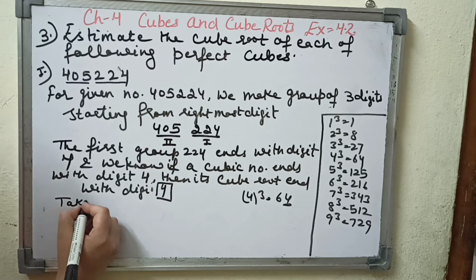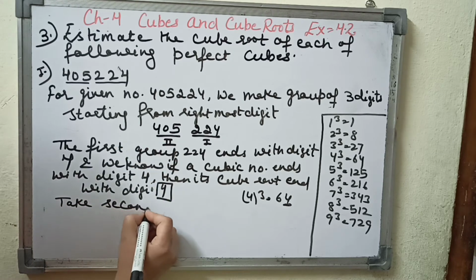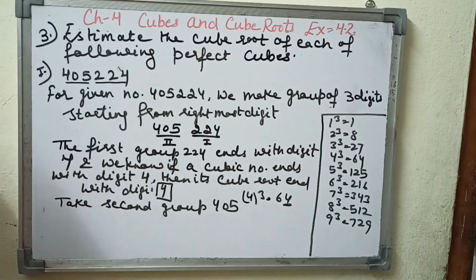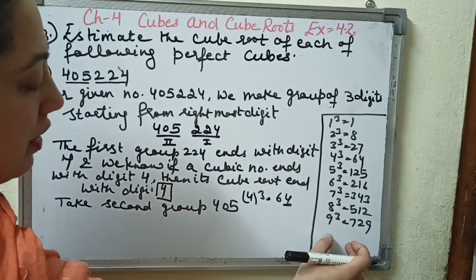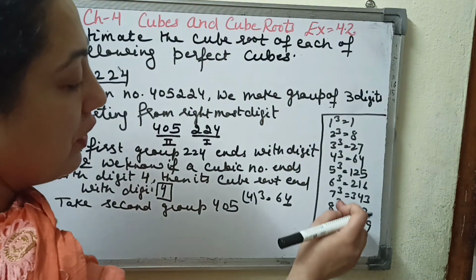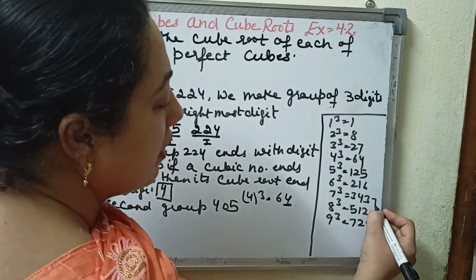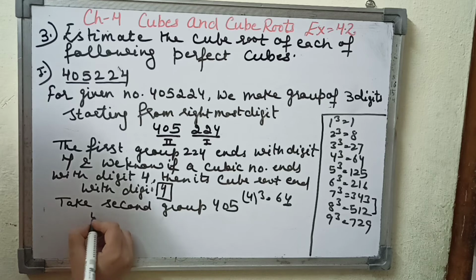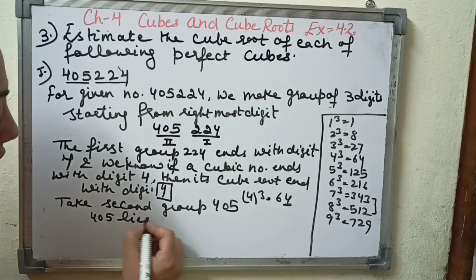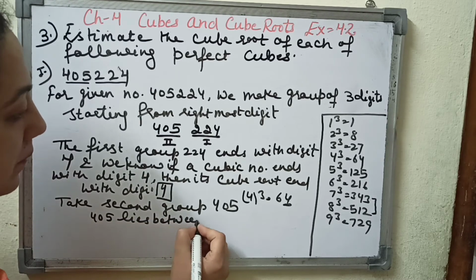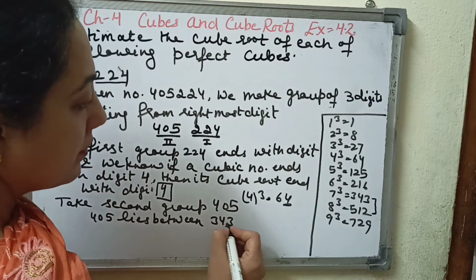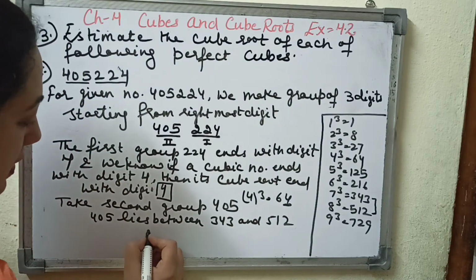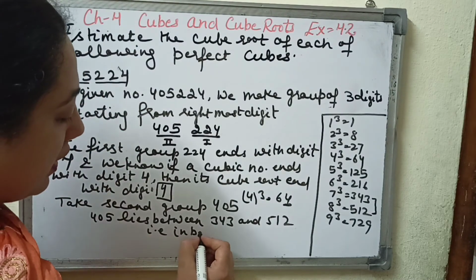Now, see in this table 405 lies between which two numbers? It lies between 7 cube and 8 cube, that is 343 and 512.